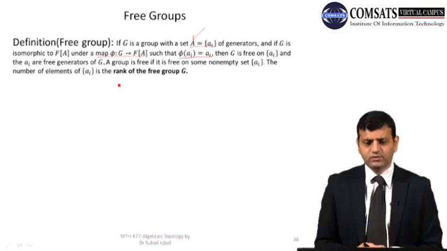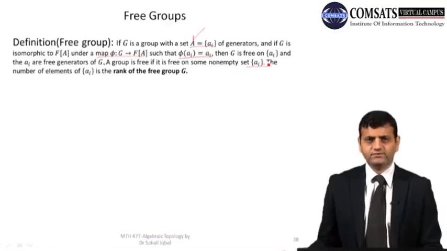So if G is isomorphic to a free group, then G is a free group. A group G is free if it is free on some non-empty set A. The number of elements of A is the rank of the free group.